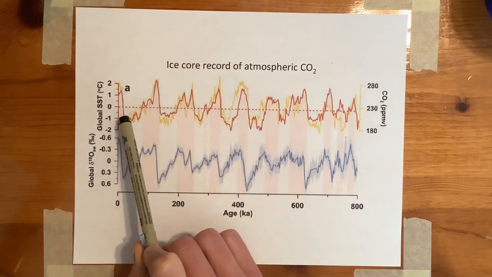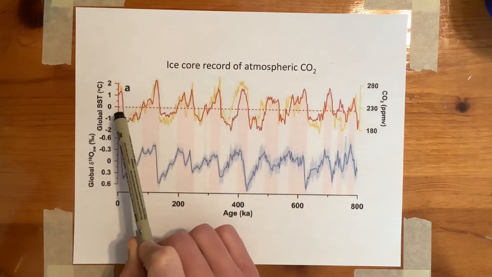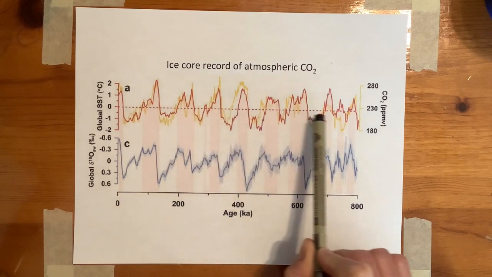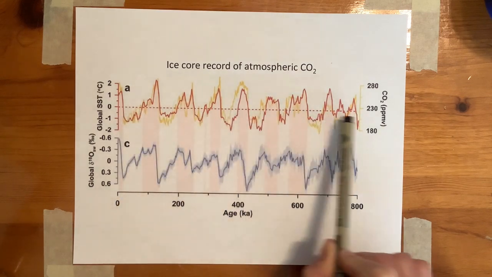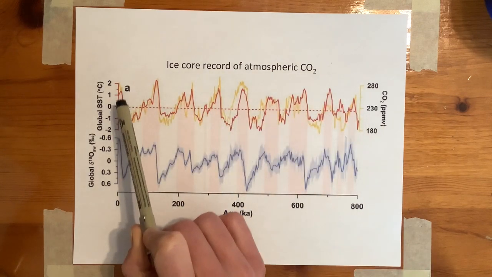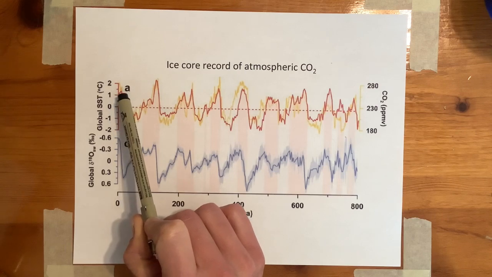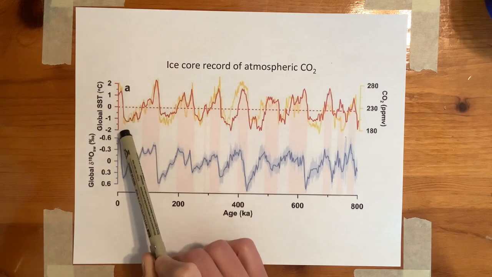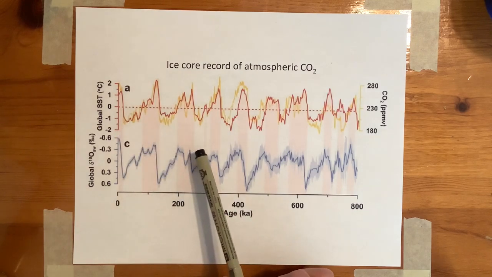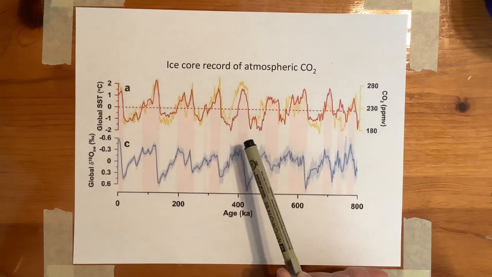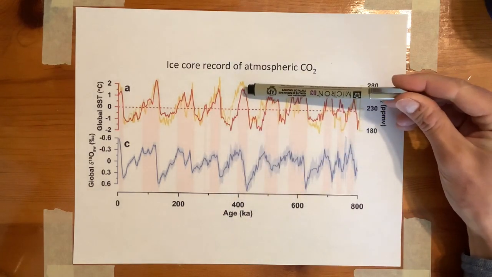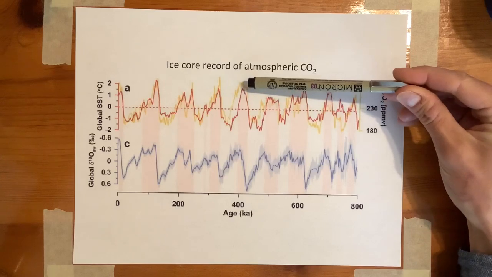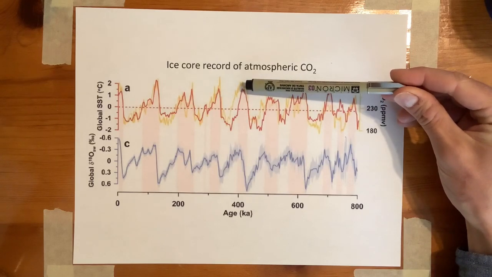The global sea surface temperature here is shown as variation around the median value over the last 800,000 years. So this is 1 degree warmer than the median value, 2 degrees warmer than the median value, and then 1 and 2 degrees colder than the median value. And so what we see is that when global sea surface temperature is high, then the atmospheric concentration of CO2 is high.